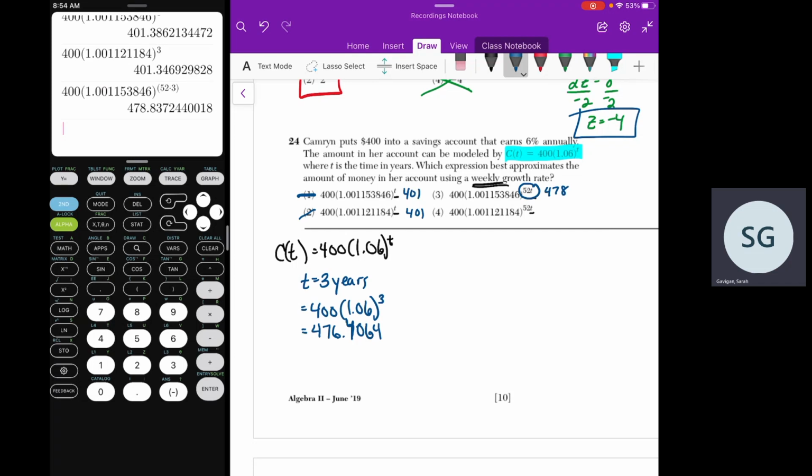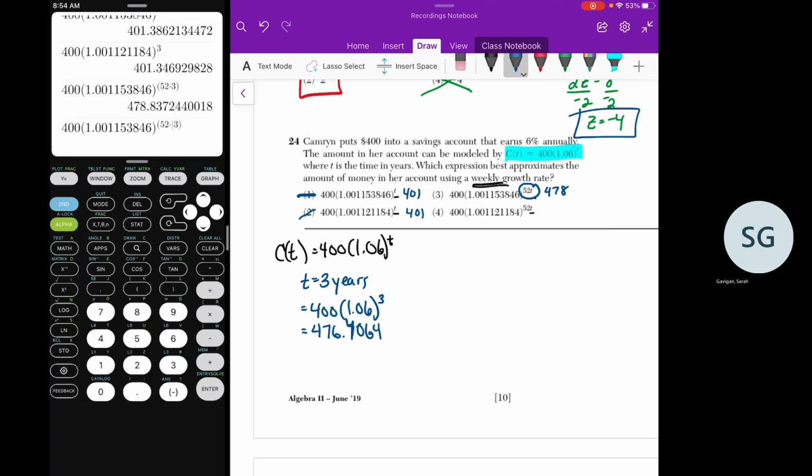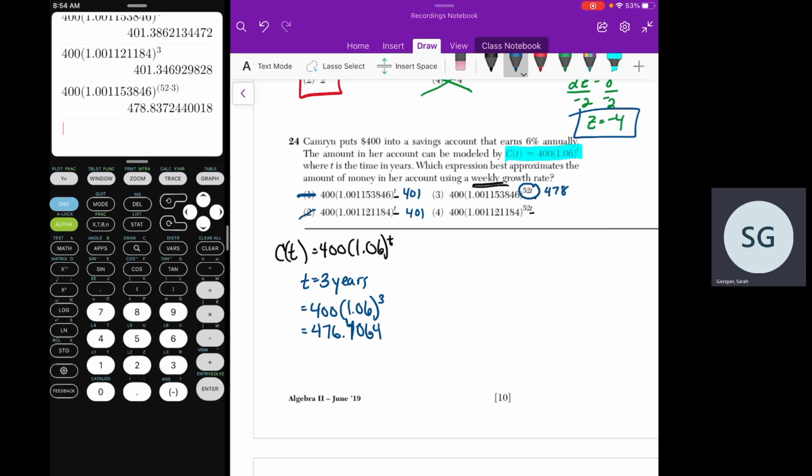Now that's close. So if you did that same thing, but didn't put parentheses around that exponent, you are not going to get the right number. 52 times 3. And we can see that this is 476. So my answer is choice 4, but let me get there the right way, the intended way to do this problem.